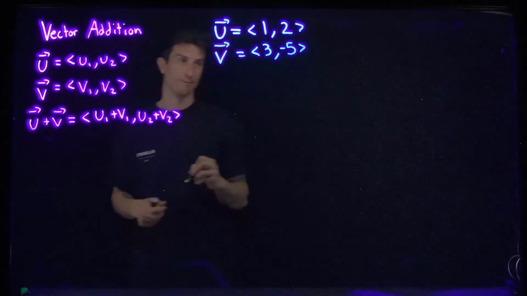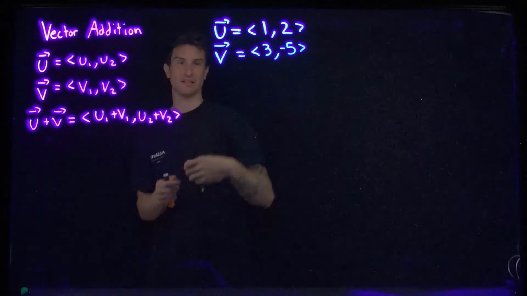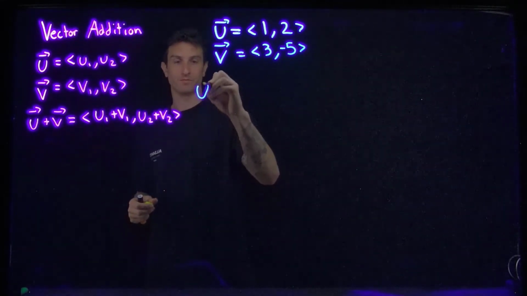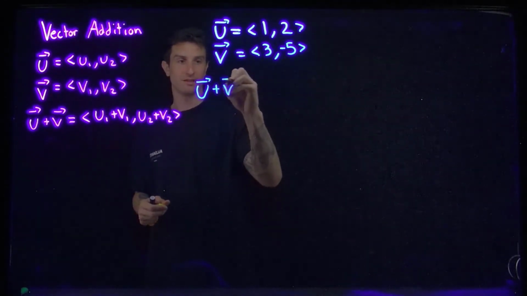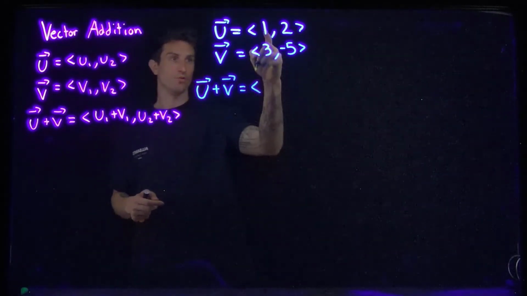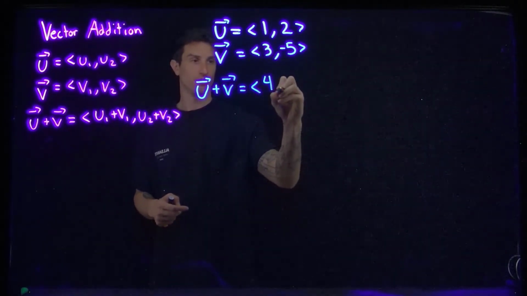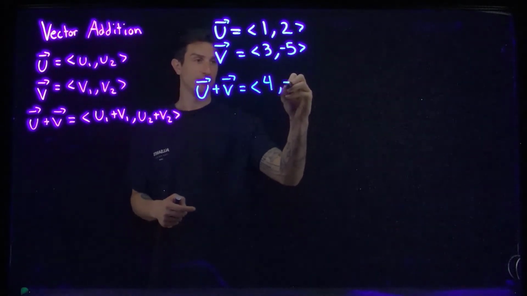Awesome. Okay, and before we even draw, let's go ahead and calculate. Let's just add them up. So u plus v is equal to 1 plus 3, 4, 2 plus -5, -3.